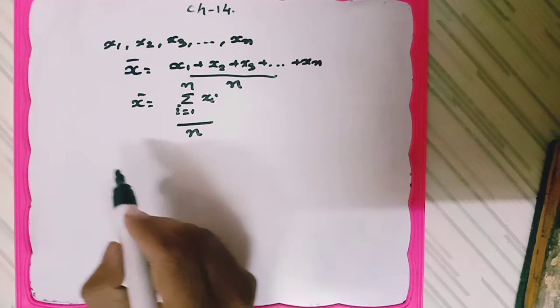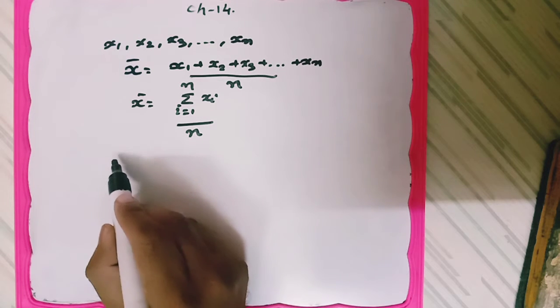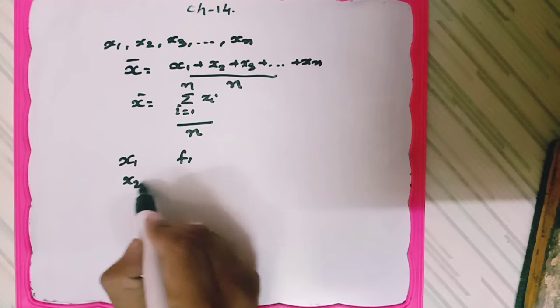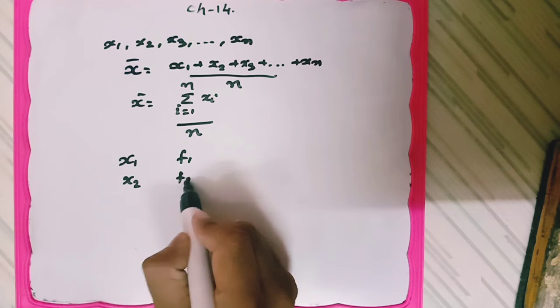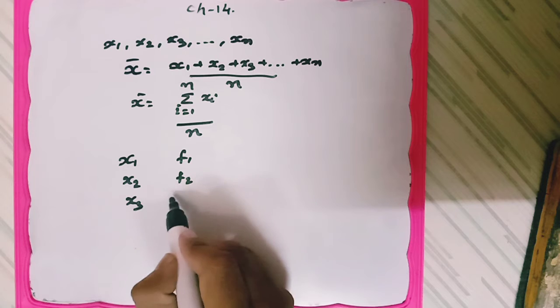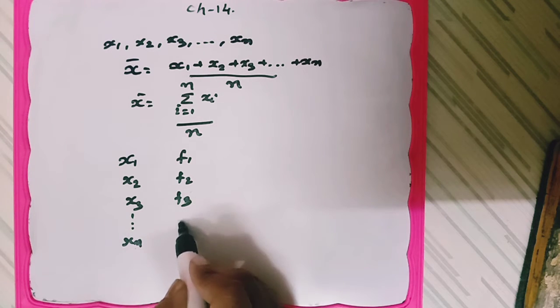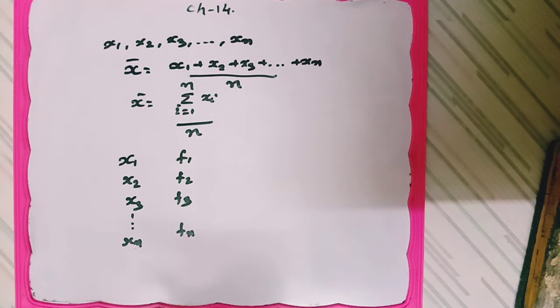Now suppose grouped data is given, where x1 occurs f1 times, x2 occurs f2 times, x3 occurs f3 times, and in the same way xn occurs fn times.